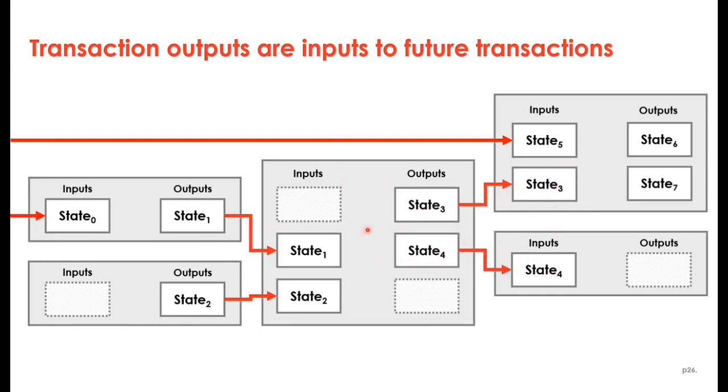When approved, the output states become the new state of the ledger, and the original input states are marked as historic. They'll still be there for historic purposes, but they cannot be used in any transactions.